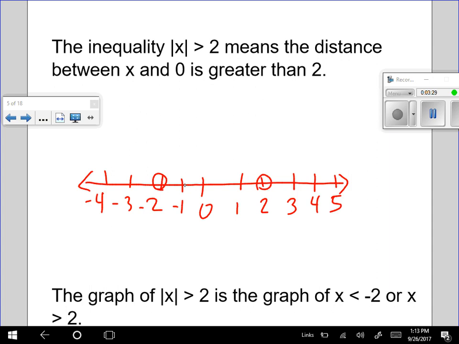Well, anything in here is not greater than 2, the distance from 0. But 2.5, 3, 4, 5, they are all greater than 2 when we're talking about the distance from 0. So we'll shade on both sides of the graph because the distance of -3 from 0 is 3, so that's greater than 2. So the graph of the absolute value of x is greater than 2 is the graph of x is less than -2 or x is greater than 2.